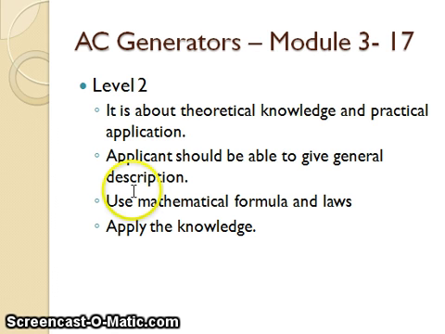And if there is any mathematical formula or laws, he should be able to use the mathematical formula, and also use the calculation, and he should be able to apply the knowledge on the aircraft.